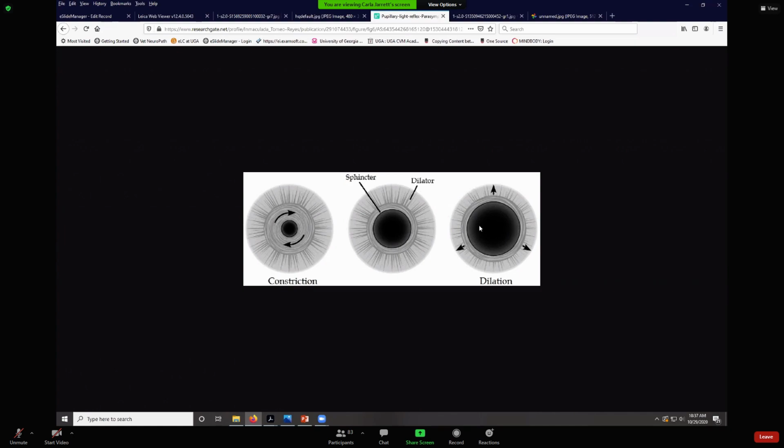This is dilated and this is constricted. To dilate, the dilator muscles pull back the curtain and you get an increase in the diameter of the pupil. And when you constrict, you get a decrease in the diameter of the pupil, the pupillary constrictor muscle contracts and the dilator muscles relax.